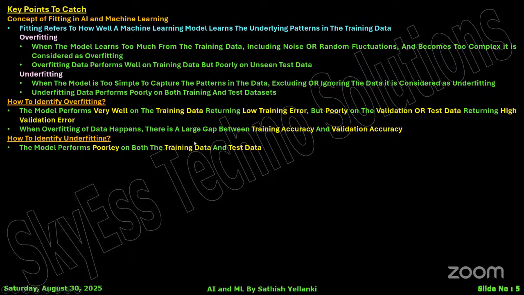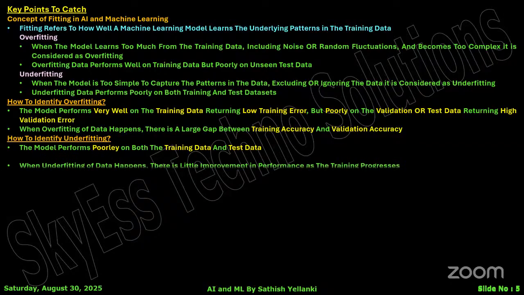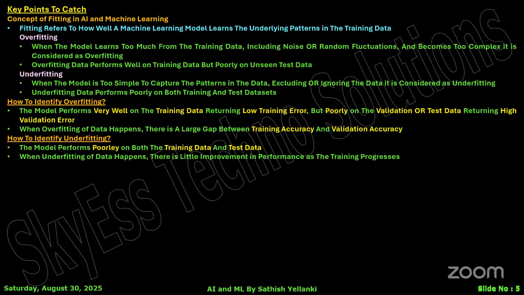So when underfitting of the data is happening, there is little improvement in performance as the training progresses. Means as your training is progressing, there will be only a little amount of performance gain, optimization gain, nothing more than that. Therefore, forget about your area of testing. So underfitting should be taken very seriously.